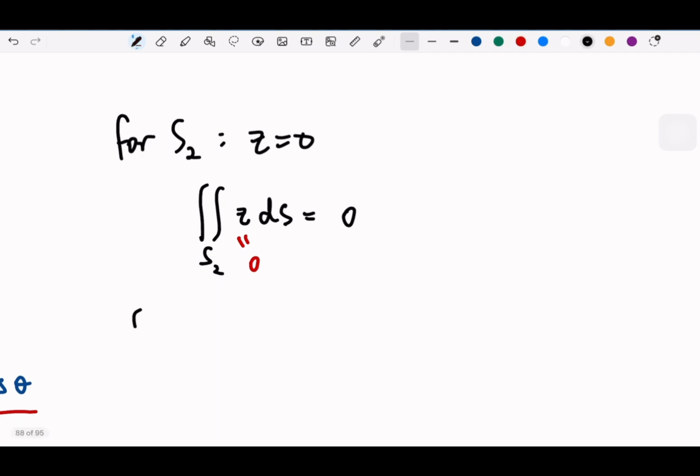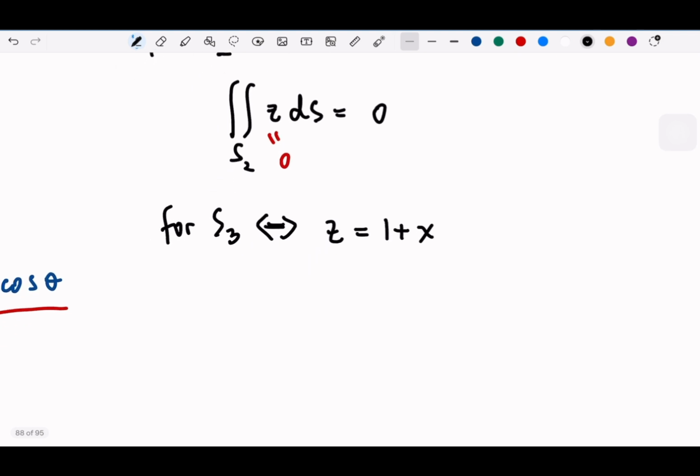Now, for S3, this is the surface on top where we have z equals 1 plus x. Now we are using the other structure for the surface. So let's say this is z dS. And we are using this 1 plus x. So this is 1 plus x.